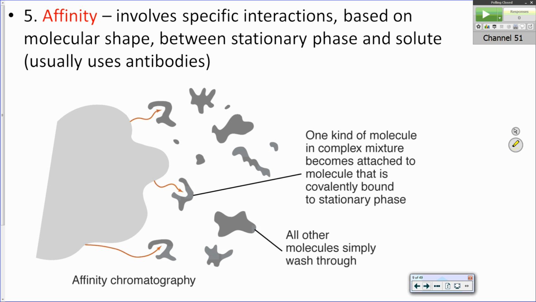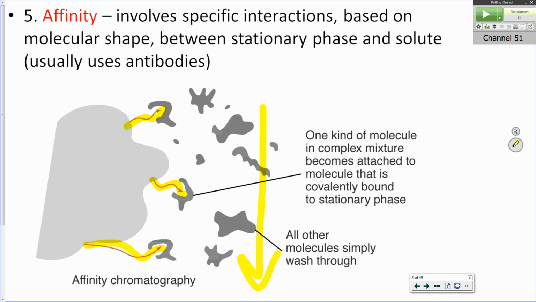So there's some shape we're looking for to interact with in terms of something associated with the stationary phase, and whether it's this pocket in this one that we're looking to recognize, those are the things that adhere to the column, and everything else just flushes on out.